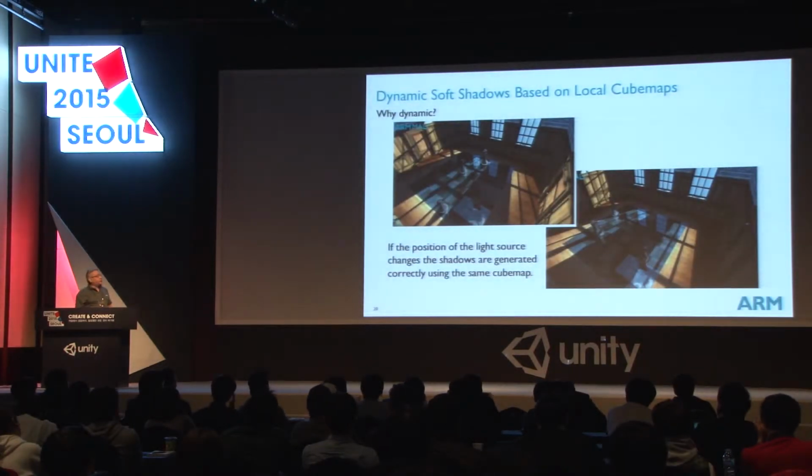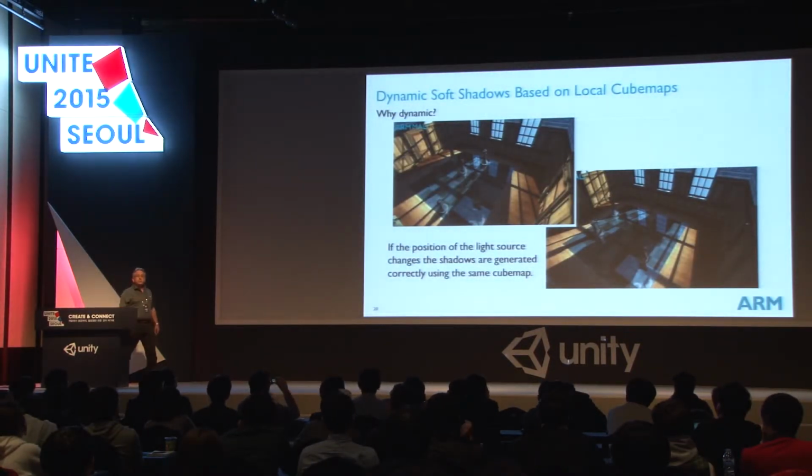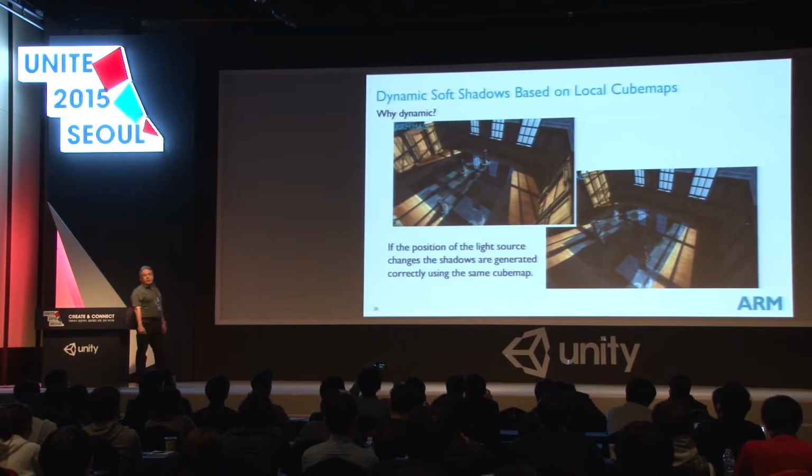And this is the kind of shadows we get when we implement our technique for rendering shadows in a local environment. You can see that the shadows are really nice.